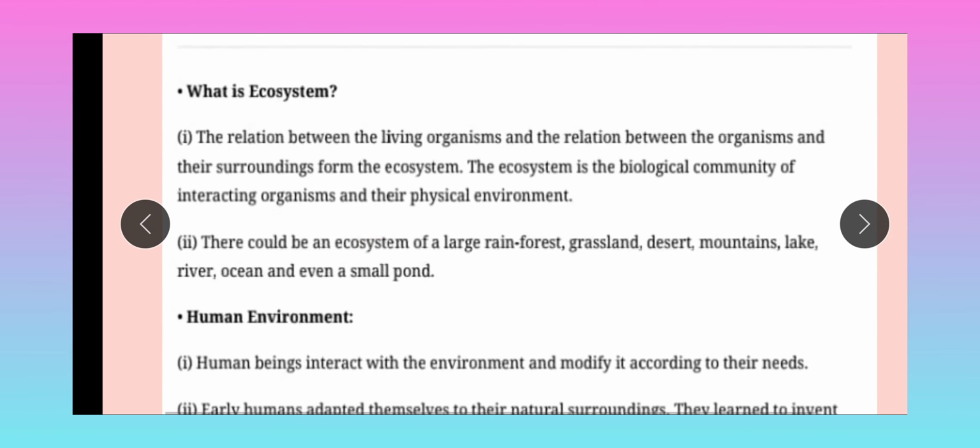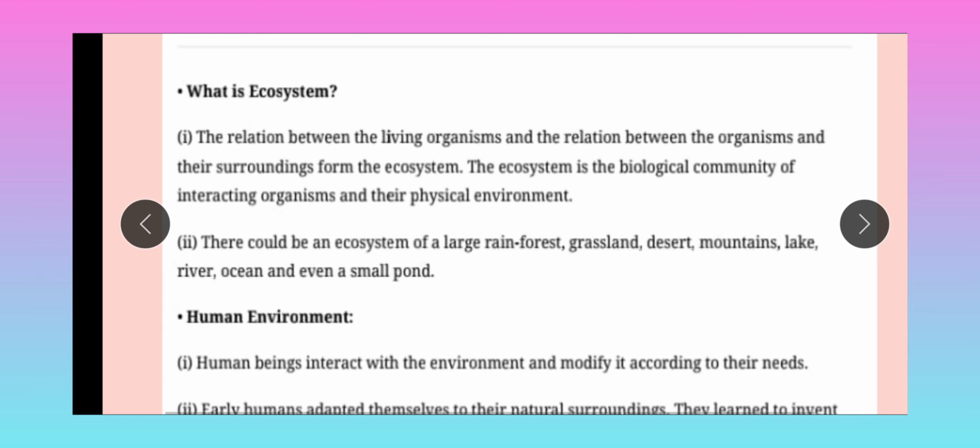Next one, what is ecosystem? The relation between the living organisms, and between the organisms and their surroundings, forms an ecosystem. Means the interaction between the living and non-living organisms, that is called the ecosystem. Ecosystem is a biological community of interacting organisms and their physical environment.